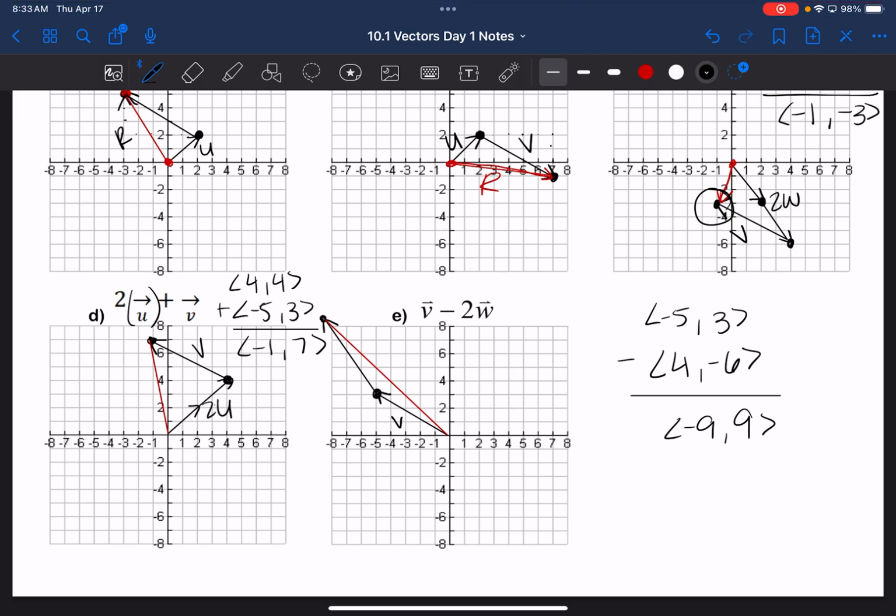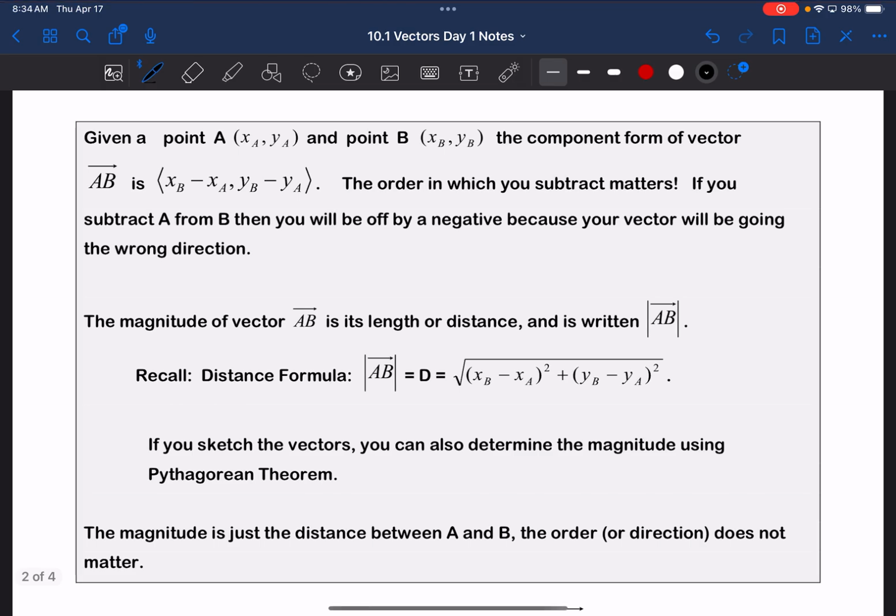All right. Okay, so now that we know how to graph our vectors, flip it over onto the next page, and it says, given some point A, any coordinate point with some x and y value, and some point B with some x and y value, the component form of a vector AB would be written as the x value from your second point minus the x value from your first point, and then your y value from the second minus your y value from the first.